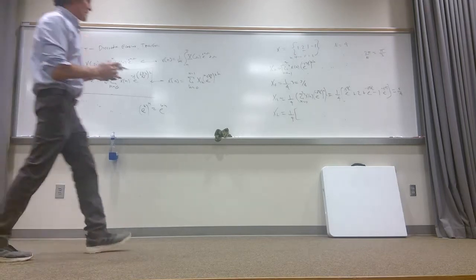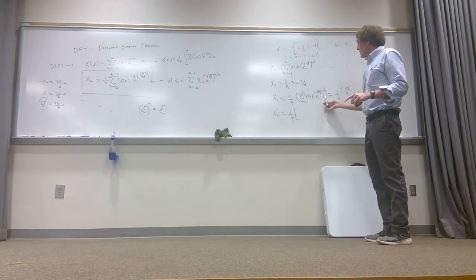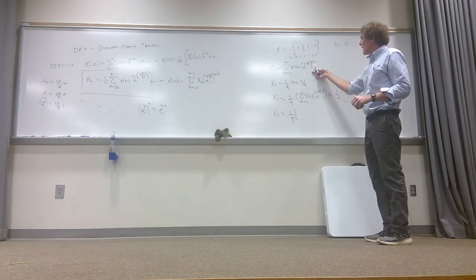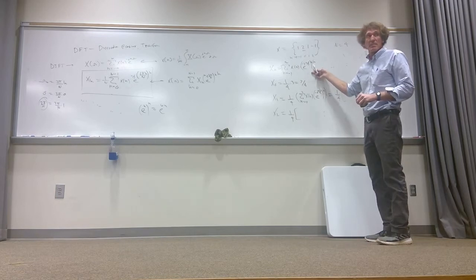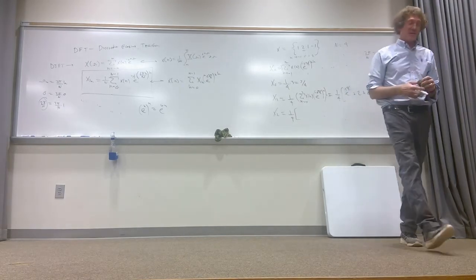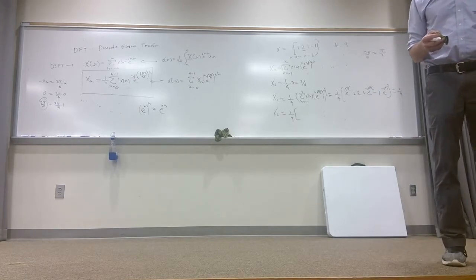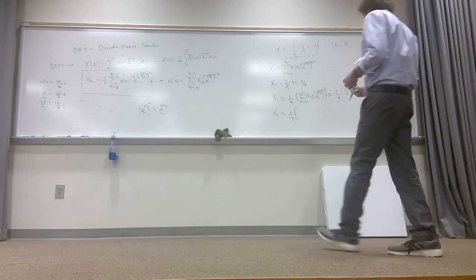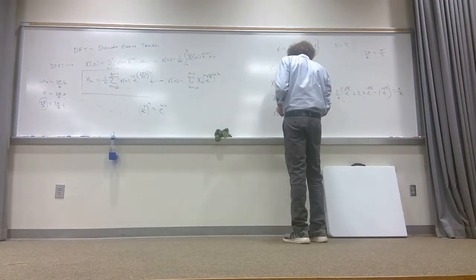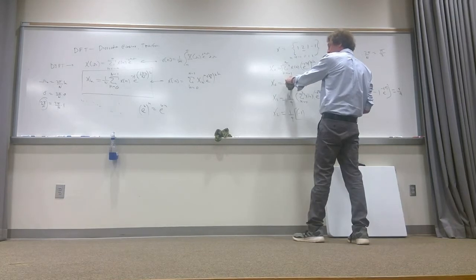Let me just finish this right here. So what is this one going to be, guys? Think about this. When I have k equals 2, I have e to the minus j pi, right? To the nth power. What is e to the plus or minus j pi in one word? -1, right?